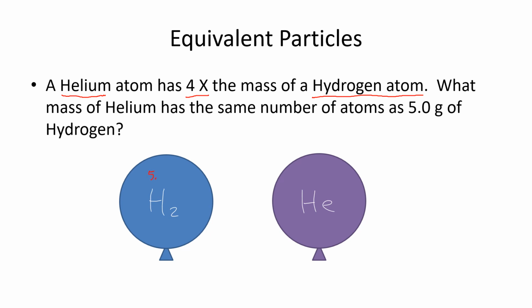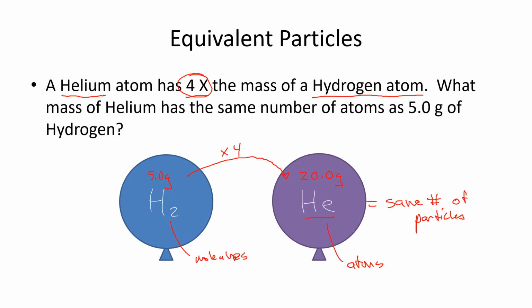So if I have 5 grams of hydrogen in one balloon, if I want to put the same number of atoms into another balloon, only it's helium, and each helium is 4 times the mass of a hydrogen atom, well, I know that I got to multiply by 4, and it'll require 20 grams of helium to have the same number of particles. Same number of particles. And I use particles here because the helium are atoms, and the hydrogen comes in pairs, so these are molecules. So you use particles when you're just talking about the smallest bit of matter.